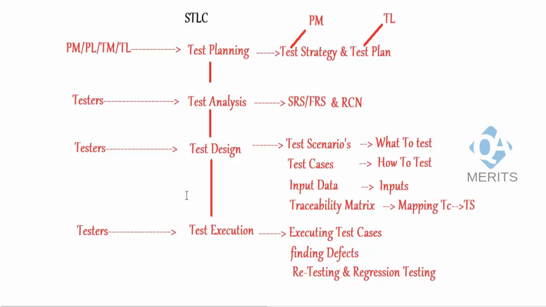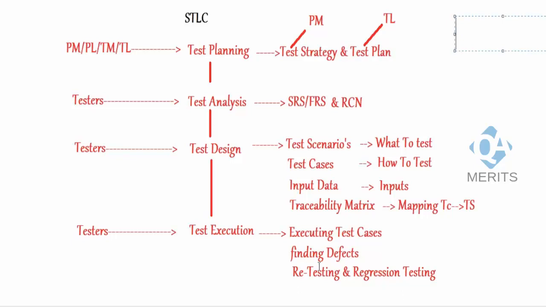Meanwhile, the development team will develop the application. Once we receive the application, we can perform smoke testing, then ad hoc testing, then formal testing, executing these test cases, finding defects and reporting the defects to the developer.